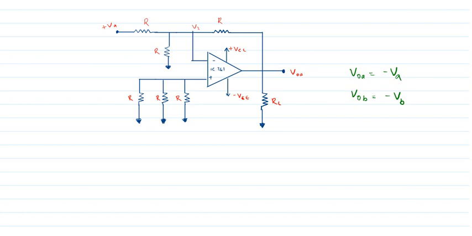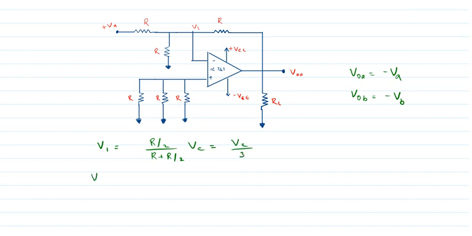And now we will find out what will happen in the case of VC. That is, VC is given to the non-inverting terminal. For that we have to first find out, with VA, VB and VD set to 0, V1 equal to R by (2R plus R by 2) into VC, and that will be VC by 3.